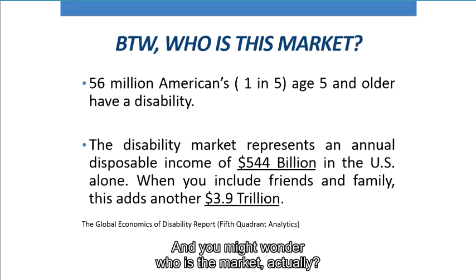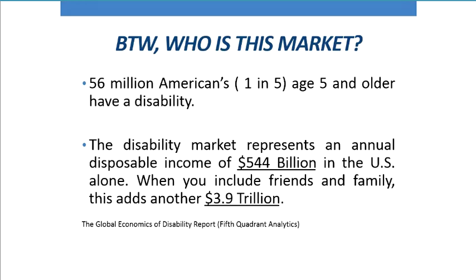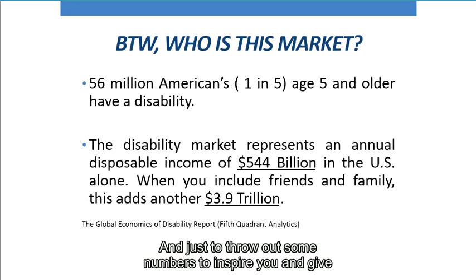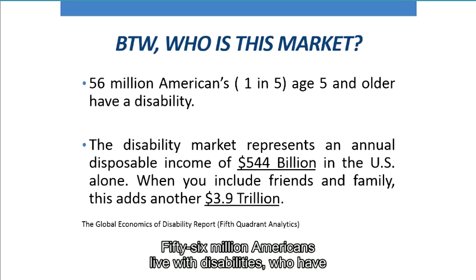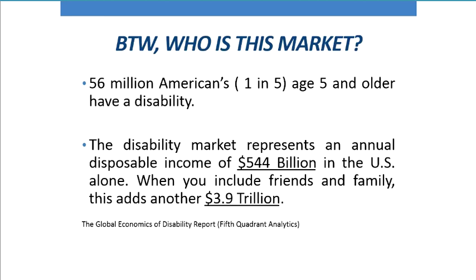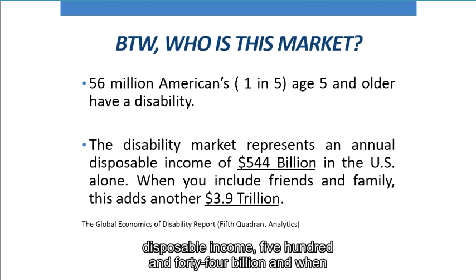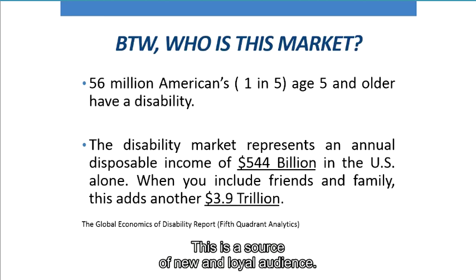And just to throw out some numbers to inspire you and give you some incentive, 56 million Americans live with disabilities. We have disposable income of $544 billion. And when you include our family and friends, that goes up to $3.9 trillion. So this is a source of new and loyal audience.